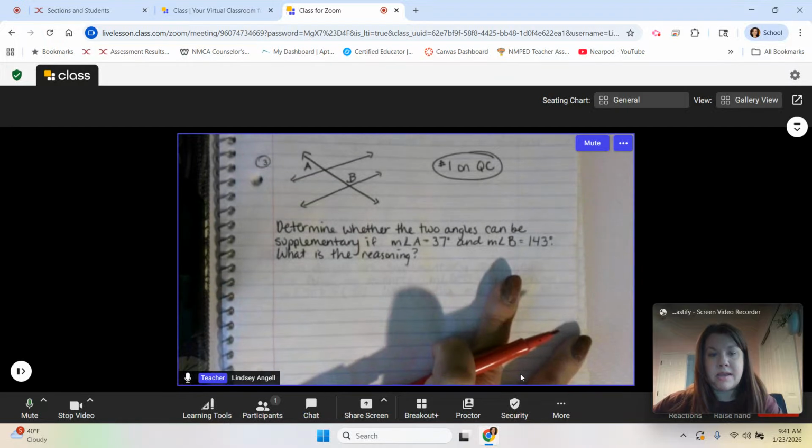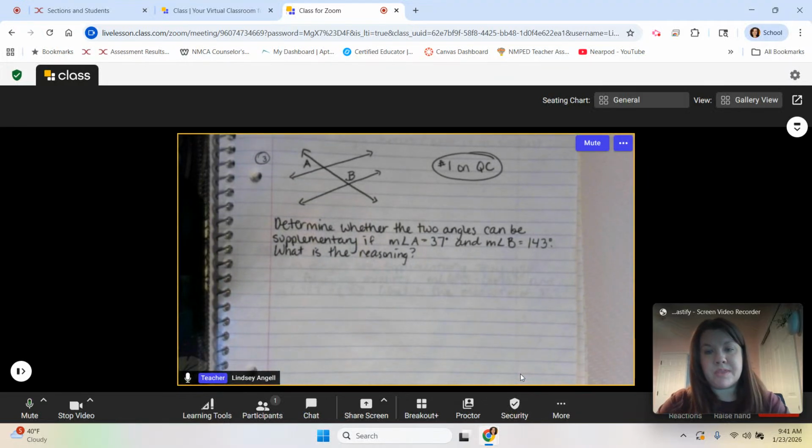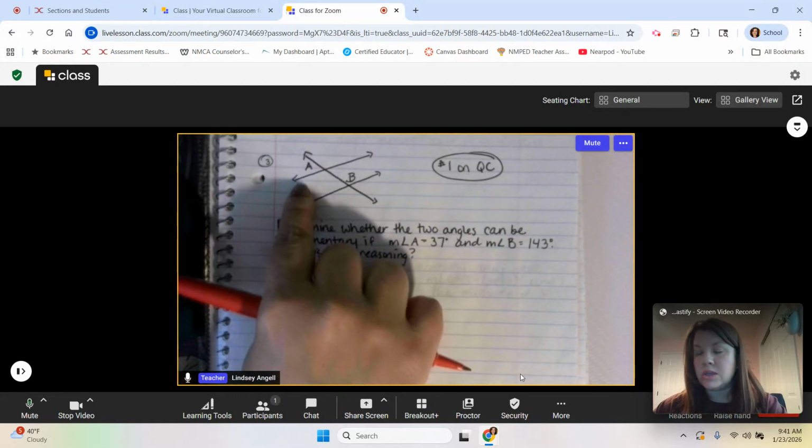All right, and number 3, last one for today. This is number 1 from your quick check. Determine whether the two angles can be supplementary if the measure of angle A is 37 degrees and the measure of angle B is 143 degrees. What is the reasoning? There's a couple things to think about. In the picture, these two lines look parallel.